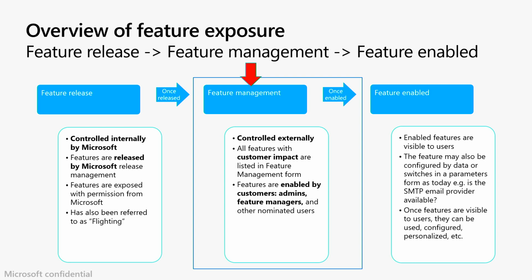So every new feature that comes out will now have a feature ID internally, and it will be exposed through feature management. By default it'll be off, and then you will turn it on. So for example, if we release a product tomorrow, it won't show up in your code, it'll just show up in feature management, and then you'll turn it on or off, depending on how you want to do it.